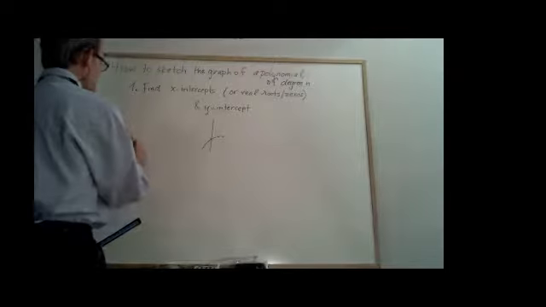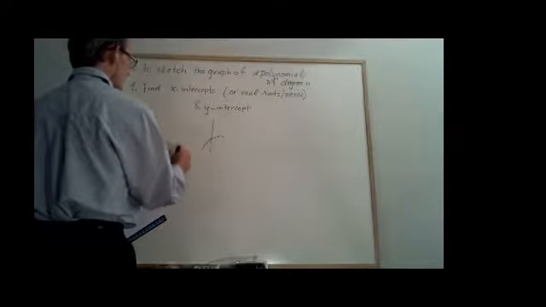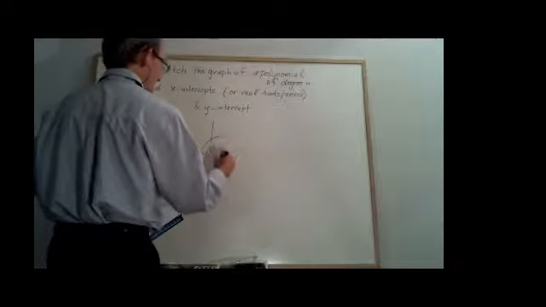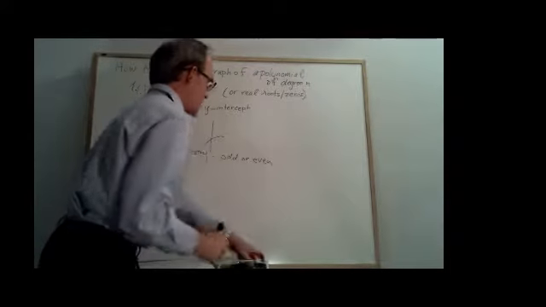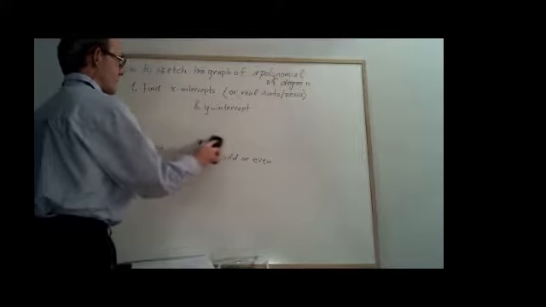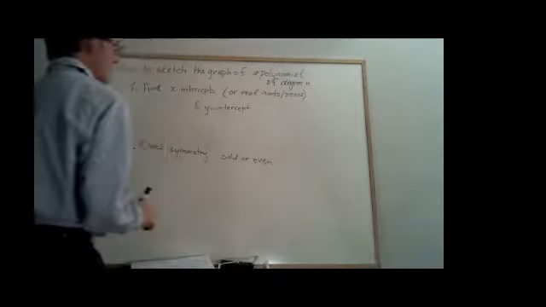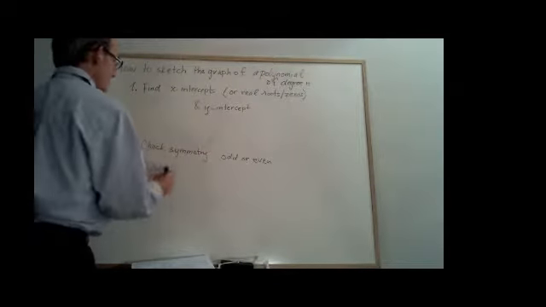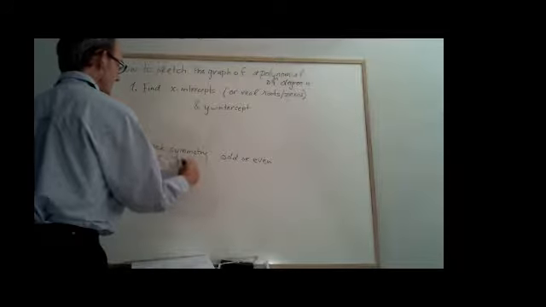Number 2, we were doing this before, is you check the symmetry. So basically odd or even. You can do that algebraically by seeing if the powers of the polynomial are all odd when you've expanded it out, like this.